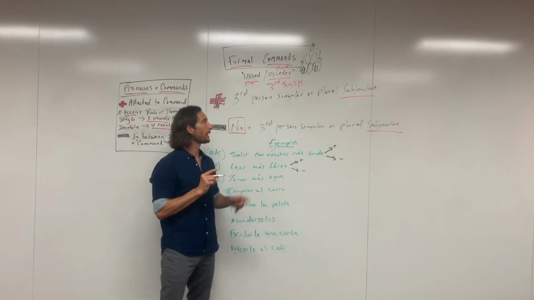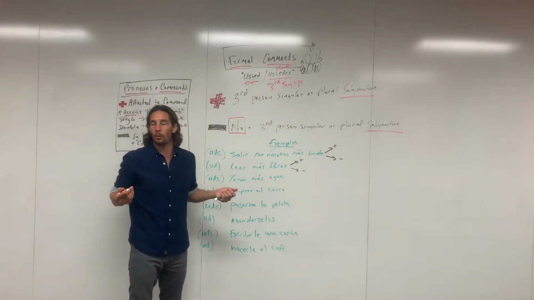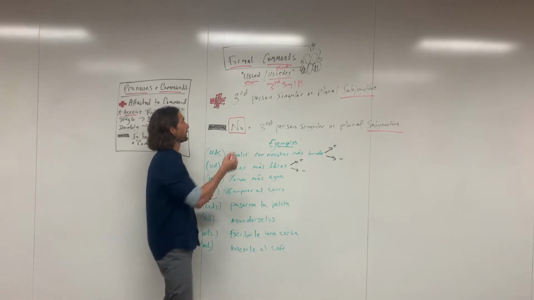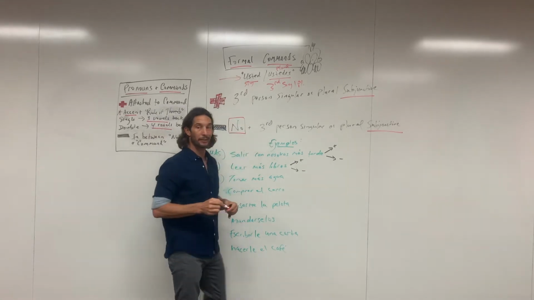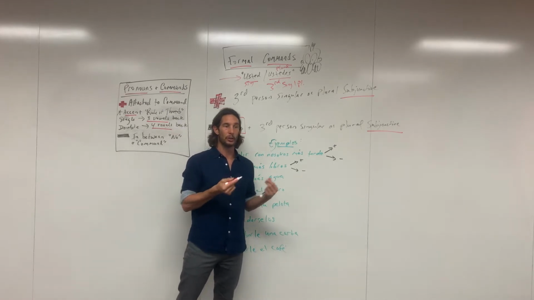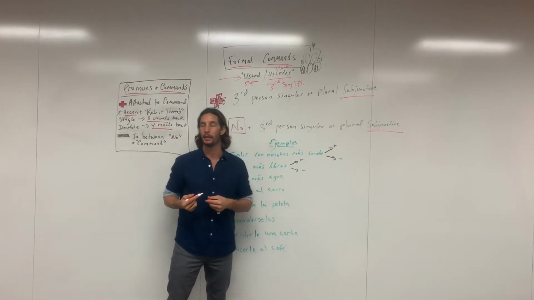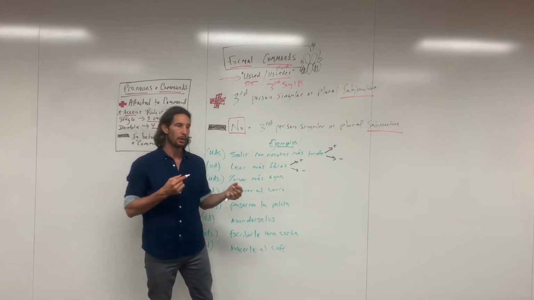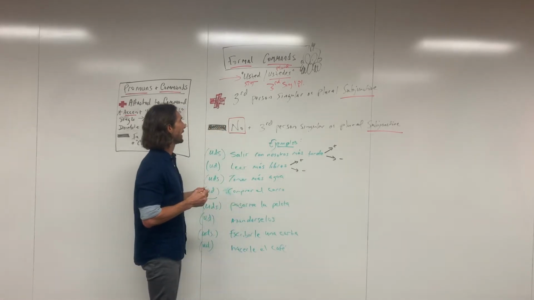We call them formal commands because you're speaking formally, particularly in the case of usted, which is the formal version of you, or the formal equivalent of tú, with tú being informal. That's what we're going to look at today.